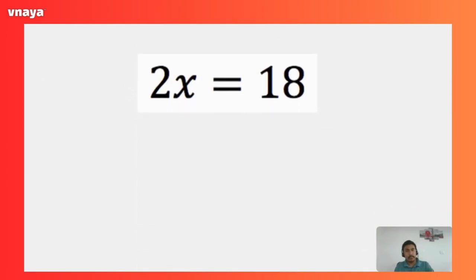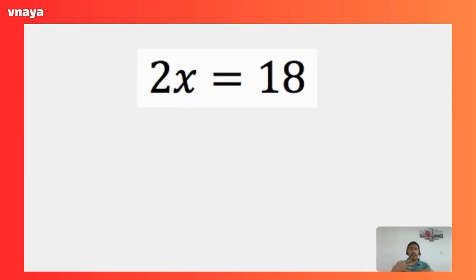One more scenario. You went out with your friend and you counted that he has 18 candies. Your friend said, oh, I have double the candies that you have. So you have to find how many candies you have. You need not count your candies; you can use an algebraic equation. Here, 2 is multiplying with x. What is the opposite of multiplication? Division, right?